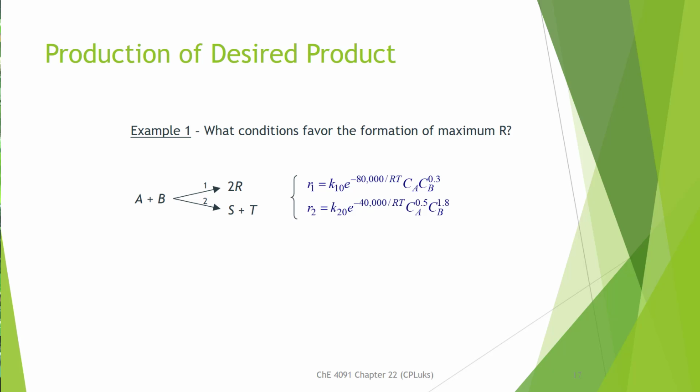The activation energy for 1 is higher, so therefore we would like to operate at a high temperature. As far as concentrations, it looks like C sub A has the higher order with reaction 1, so we would like high concentration of A, and low concentration of B, because the order in B is higher for reaction 2.